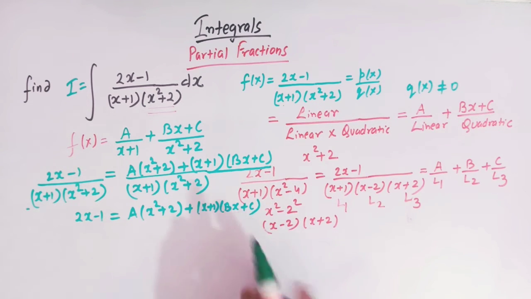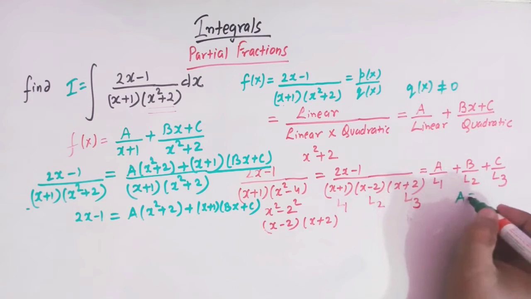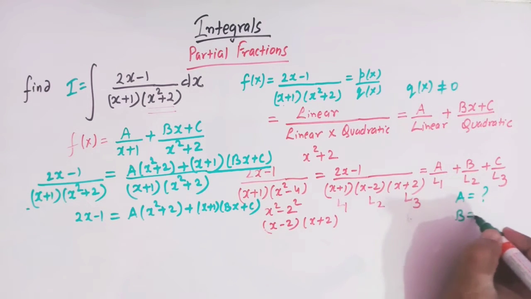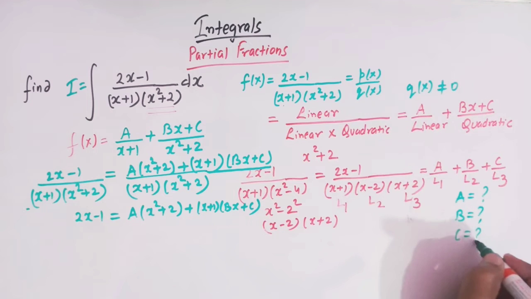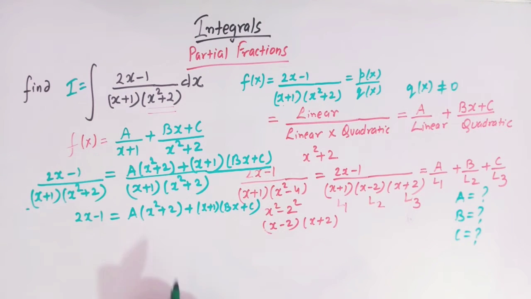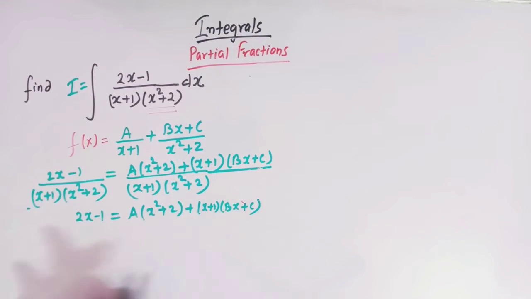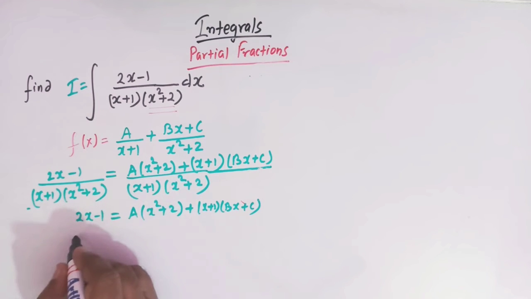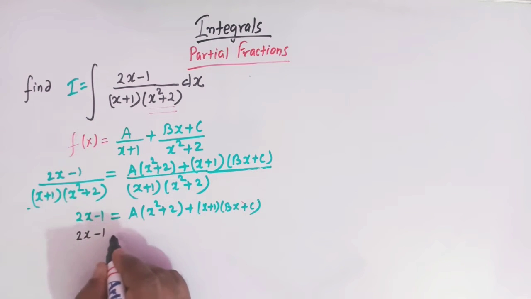So now our aim is to find out the value of a, b and c, right? So let us see how we can find out the values of a, b and c. So now let us write this expression like this. Here we have 2x minus 1.